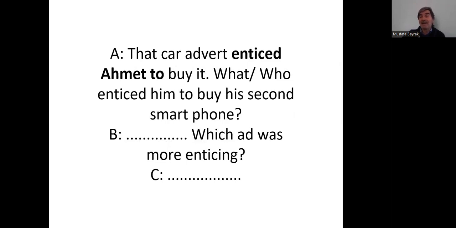Unfortunately, another advertisement enticed, tempted him to buy his second smartphone. So this is an extravagance. Which ad was more enticing? The second ad was more enticing, more tempting.